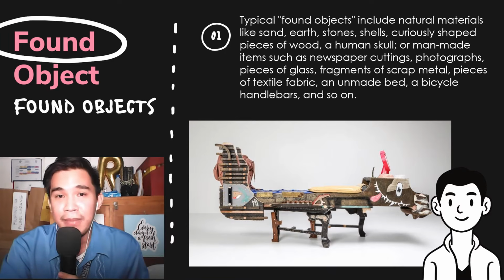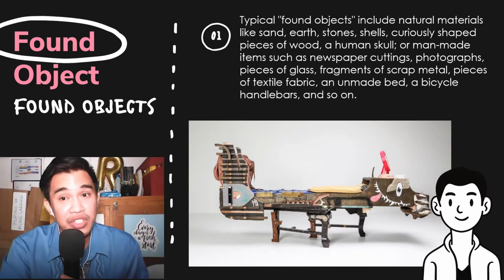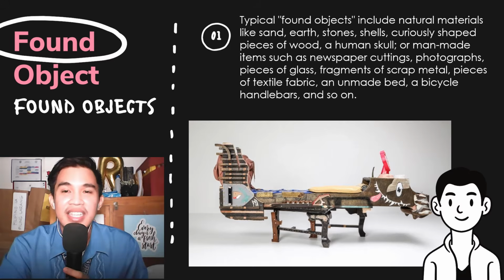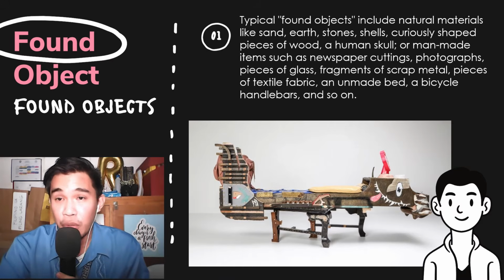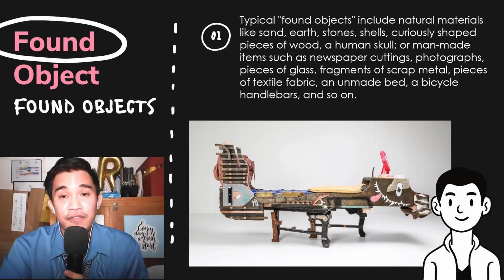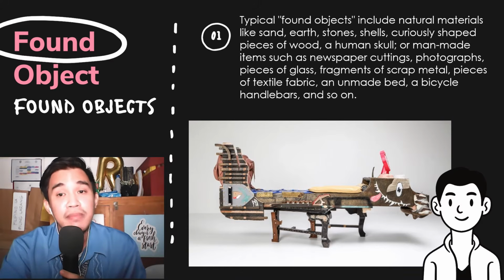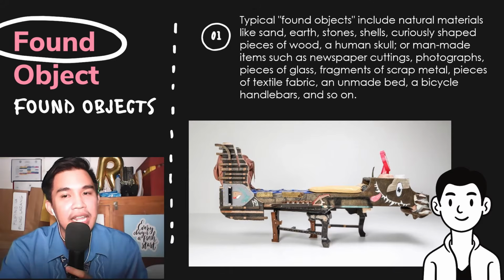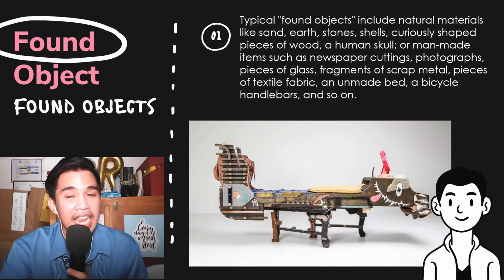And it can also be man-made items such as newspaper cuttings. Yes. We can also use photographs, pieces of glass, fragments of scrap metal, pieces of textile fabric. You can also use an unmade bed. Then also bicycle handlebars and so on.